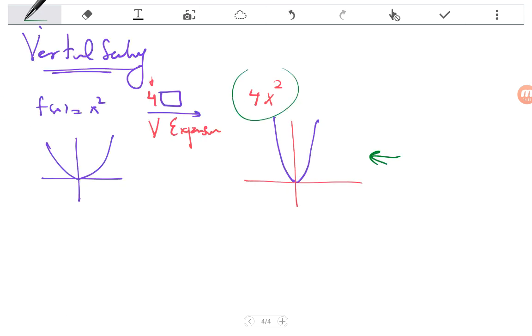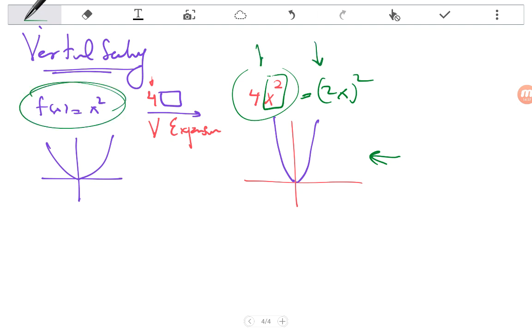Look, I may see 4x squared as 4 multiplied by x squared, or I may say it in another way: it is 2x all squared. So this same function, I may say it is a modification of x squared either by a vertical expansion or by a horizontal compression.